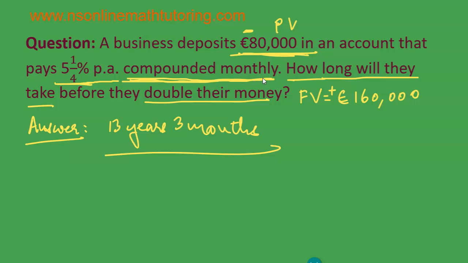For investment, the present value is minus and the future value is plus. For loans, the present value is plus and the future value that you have to pay is minus. That is the thing that you have to remember.